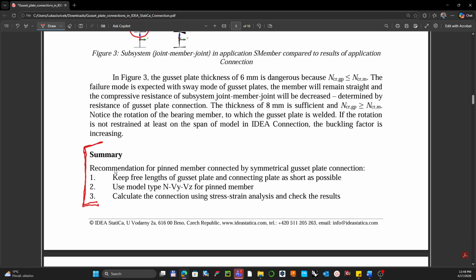So keep the free length of the gusset plate and the connecting plate as short as possible. I will come back to this point later on. Use the model type NVY for pinned members.